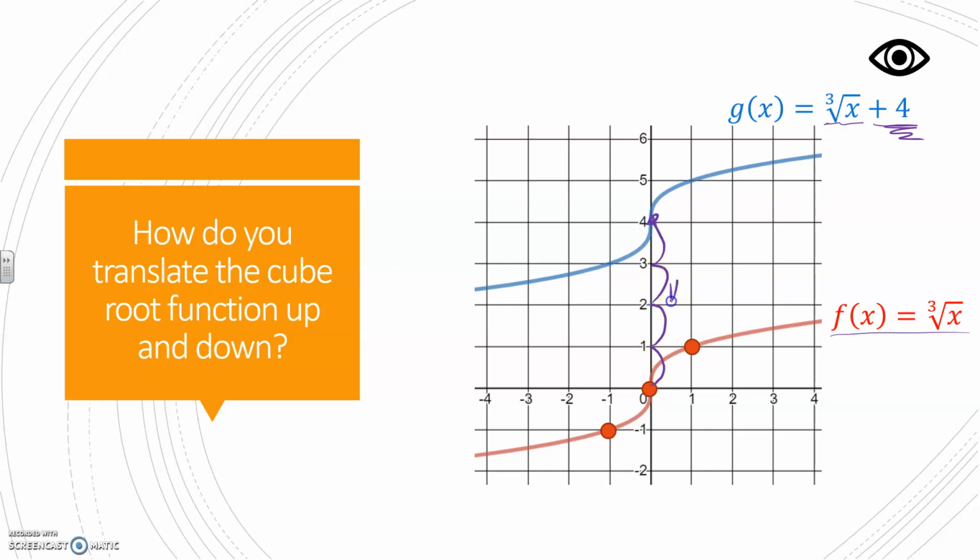You can see that from one key point to the same key point on the other graph, we went up 4. Just like you learned with the square root graph, if you have a cube root of x and you add a number on the end, that will shift it up that amount. If you subtract a number on the end, it will move it down that amount. You can see those points move.